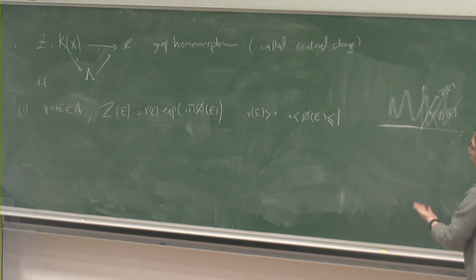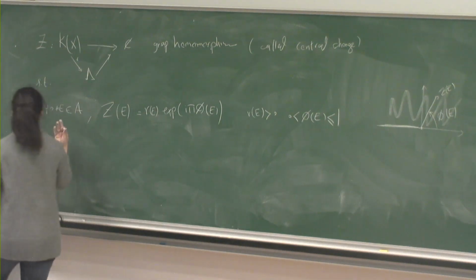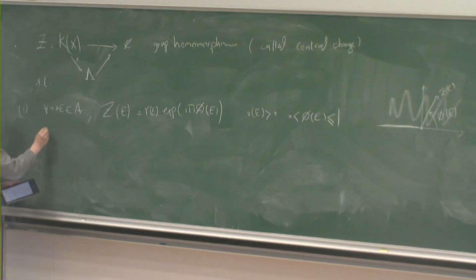Now, using this ordering, we can define the stability of an object. I'm still inside the conditions, but I have to define the stability here.